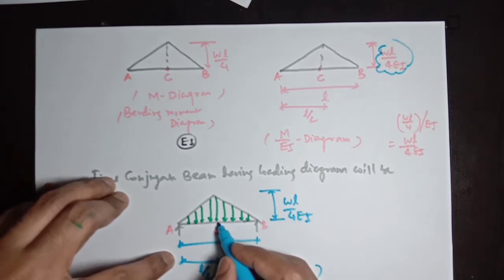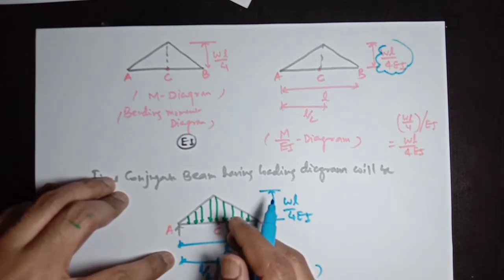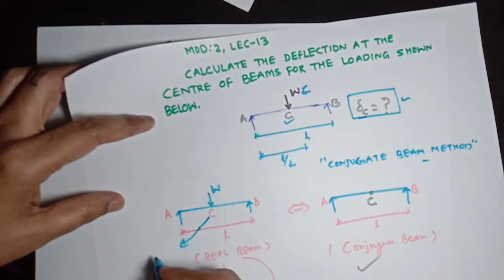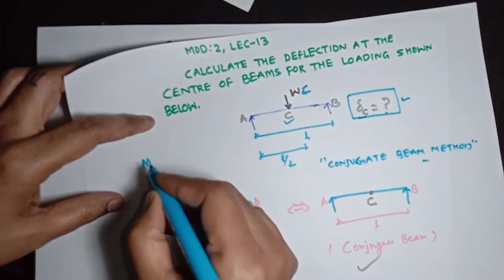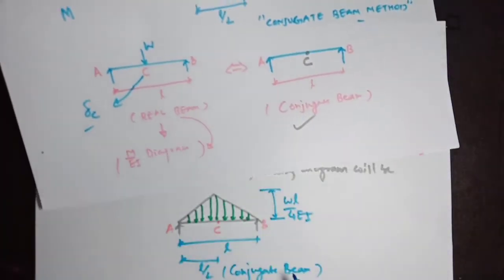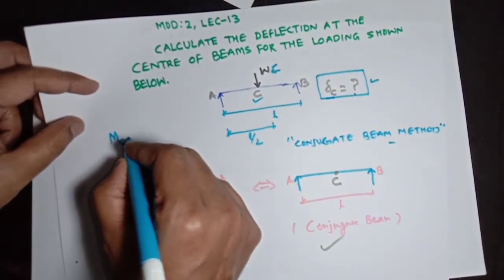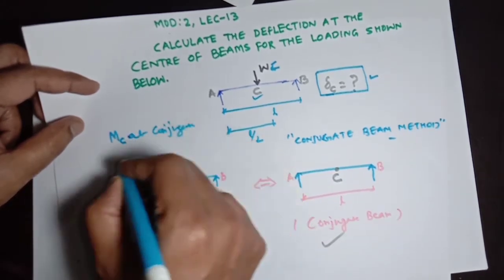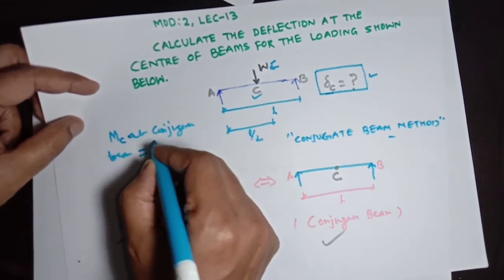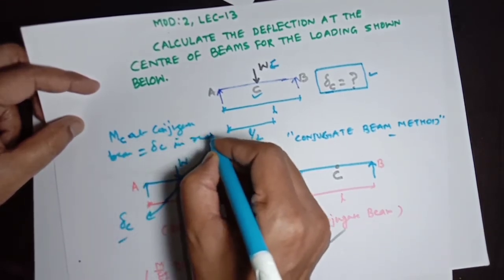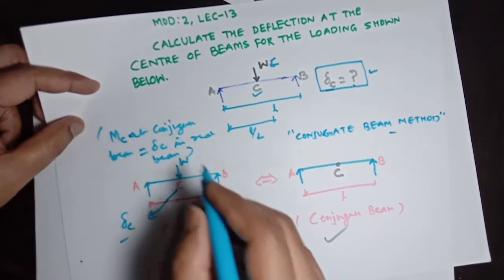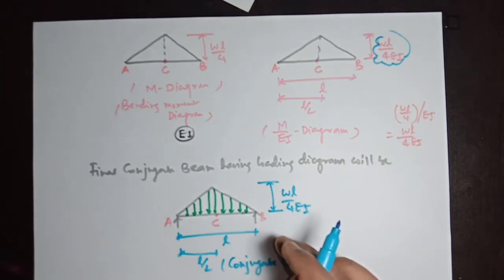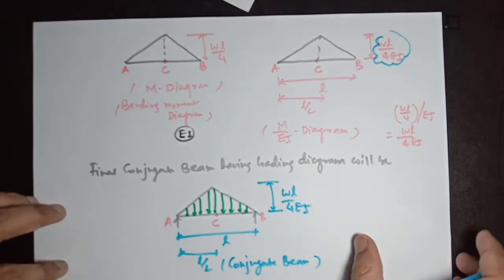By calculating the bending moment at C of this conjugate beam, we can find the deflection delta C. So MC, the bending moment at C in the conjugate beam, will be delta C in the real beam. Our objective is to find MC, the bending moment at C of this conjugate beam. So now let's move.